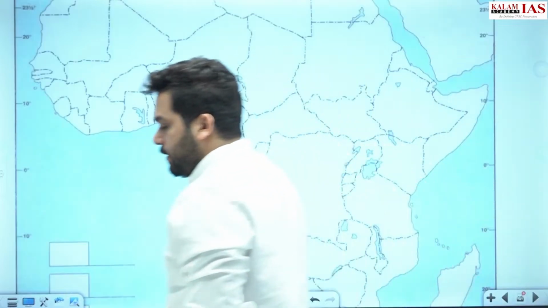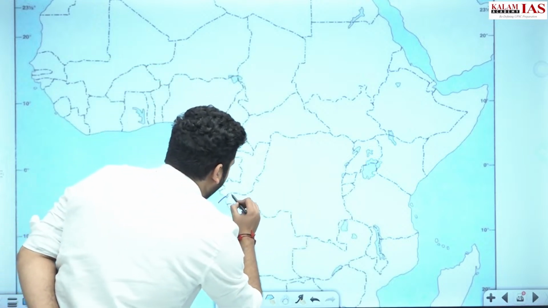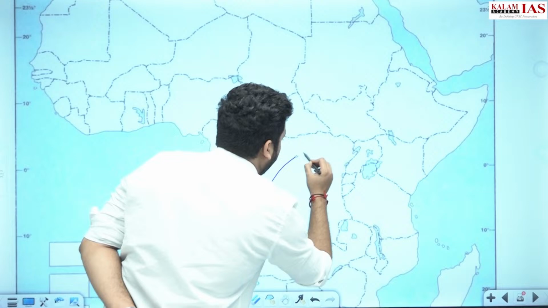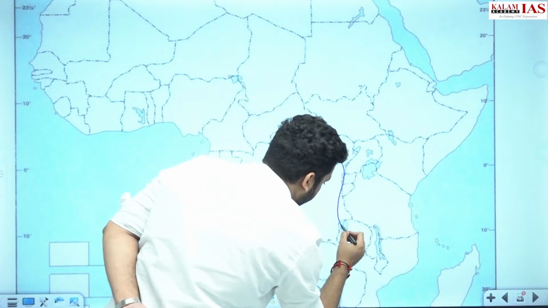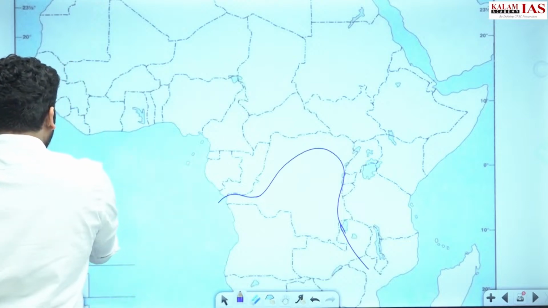Now the second important river of Africa is the river Congo. So you make a heading of river Congo.